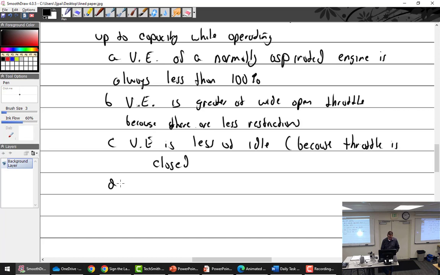Let me see, we'll say sharp bends in induction reduce efficiency.